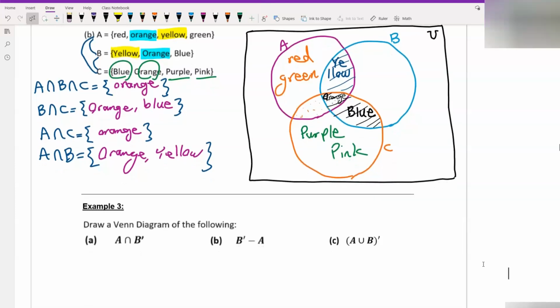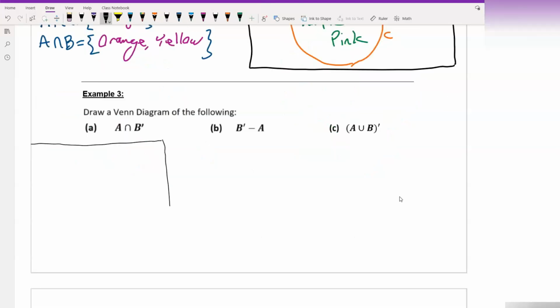Now example number 3, draw a Venn diagram of the following. The first one is A intersection complement of B. Okay, so we have A and B, but B is complement.